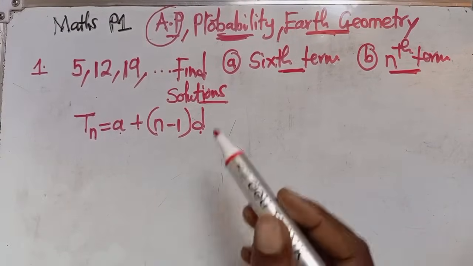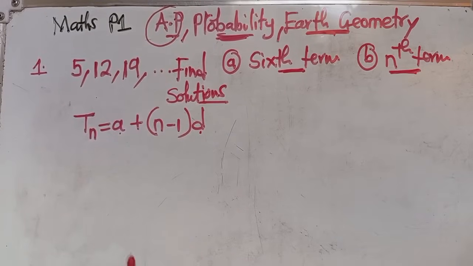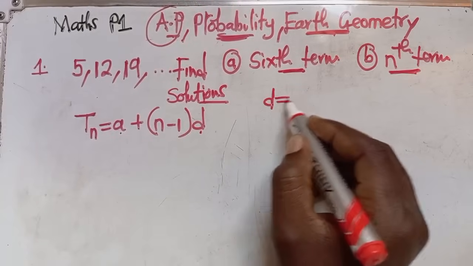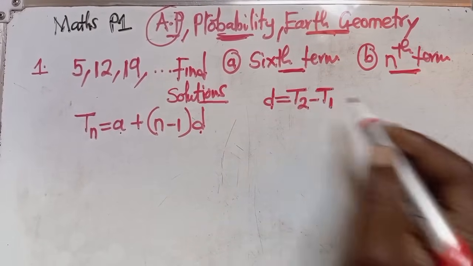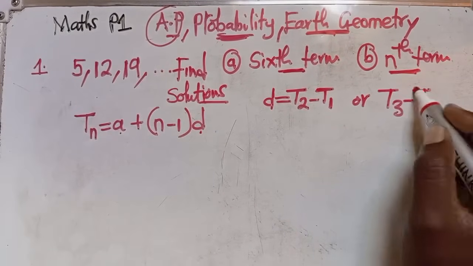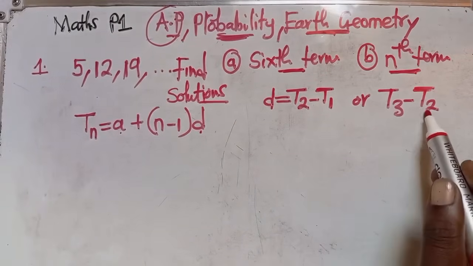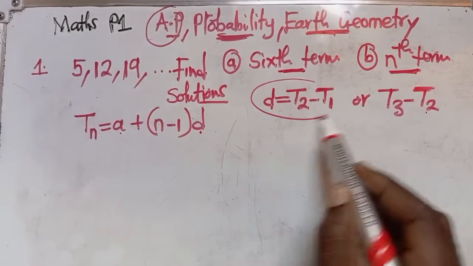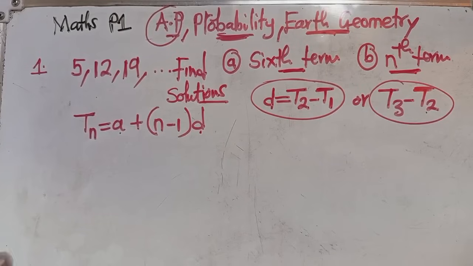First of all, I need to find the common difference to answer this question. How do we find the common difference? We say second term minus first term, or you can say third term minus second term. These are two formulas. You can use this one or that one. The choice is yours.